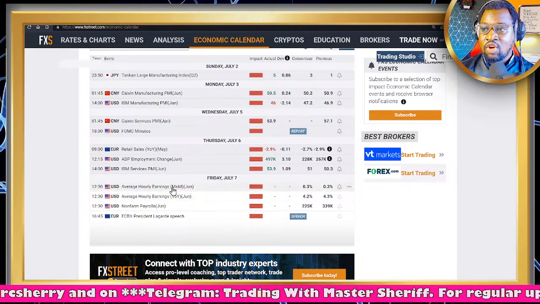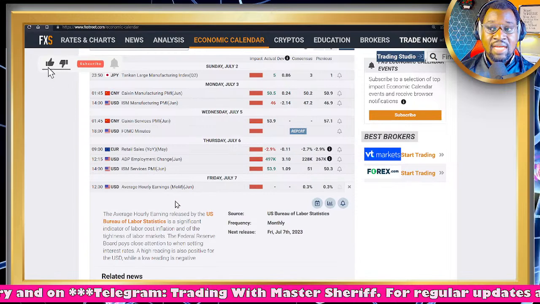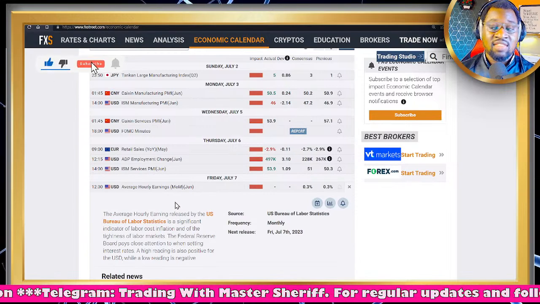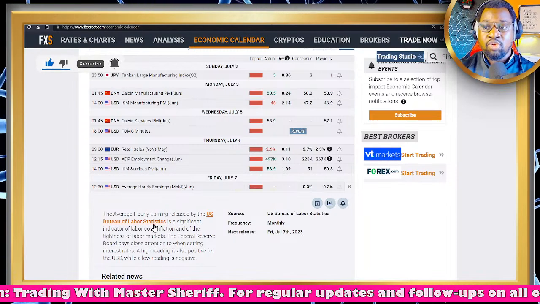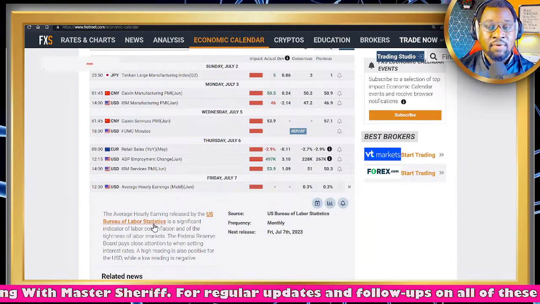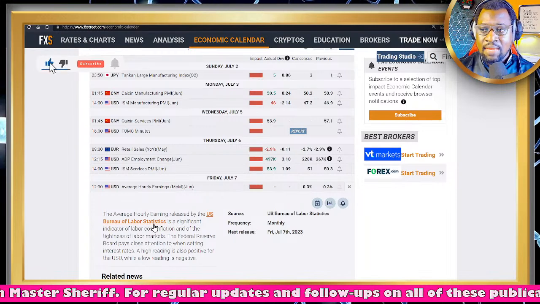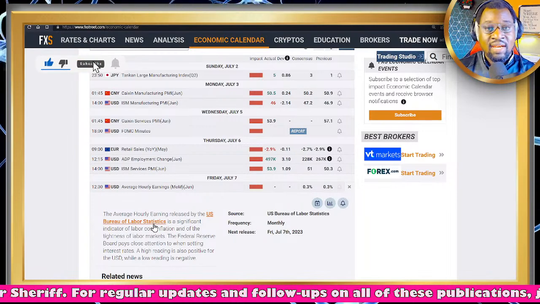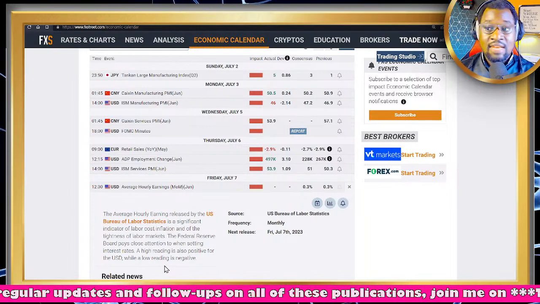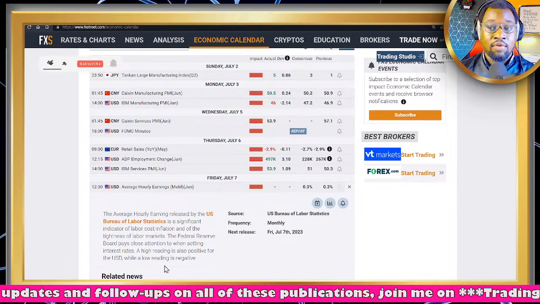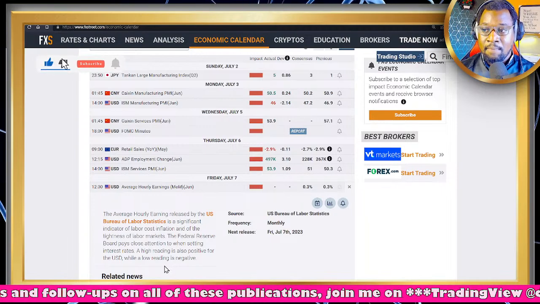So the first event coming in is the average hourly earnings, for the month on month and for the year on year. The average hourly earnings is released by the U.S. Bureau of Labor Statistics. So it's more of the labor market here, which we have been witnessing since yesterday, and it is a significant indicator of labor cost inflation and of tightness of the labor market.